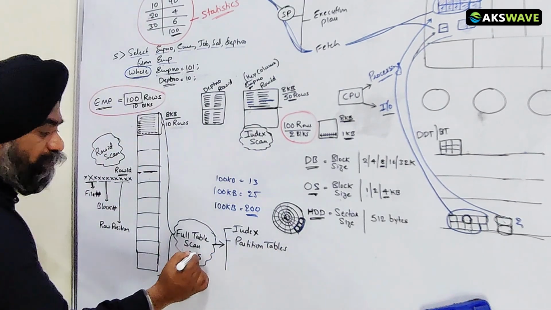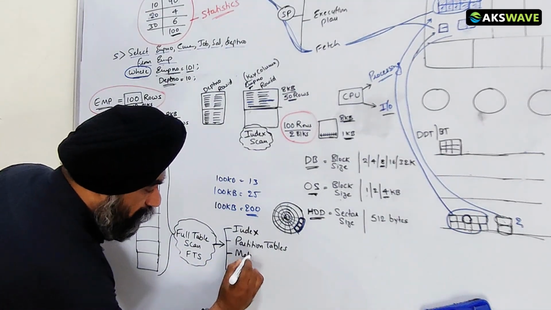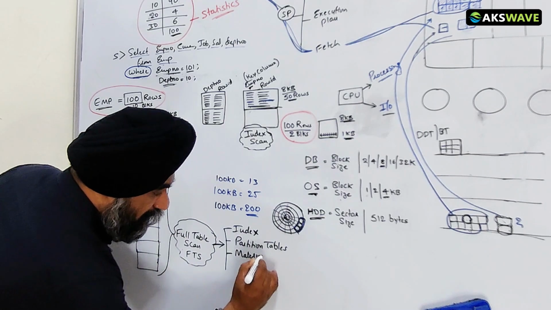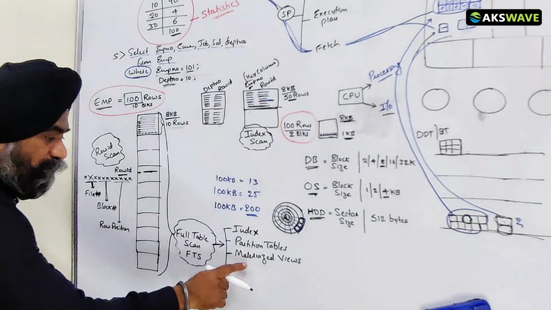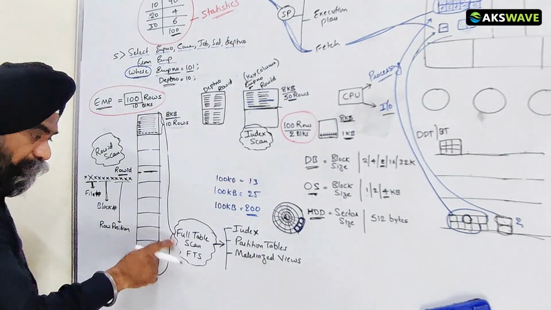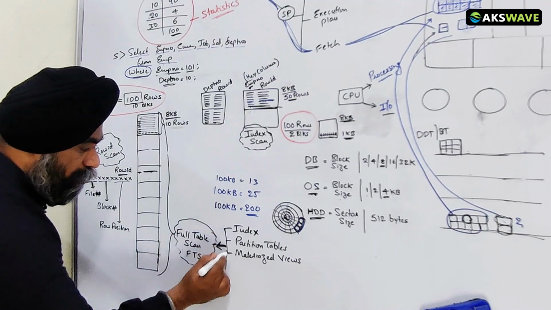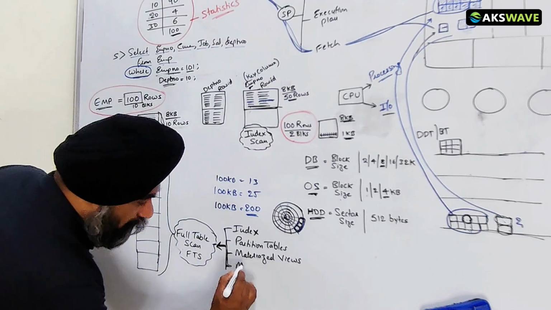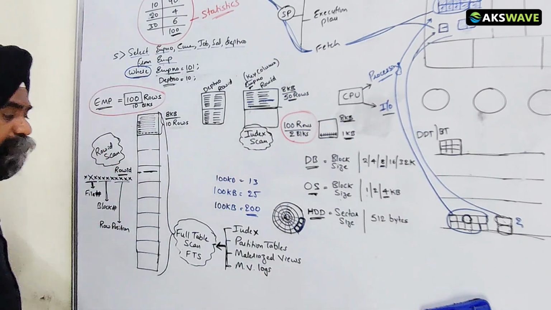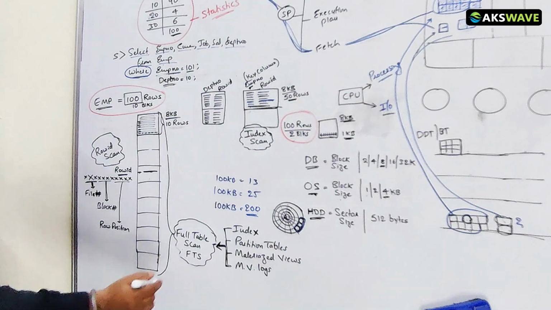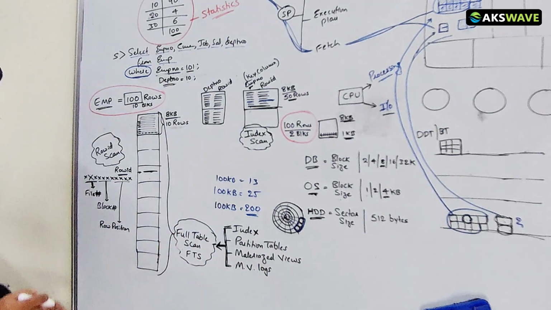They are also used to avoid it. There is one more thing called materialized views. They are also used to avoid full table scan. There's one more thing called materialized view logs. Few more, but mostly used are these.